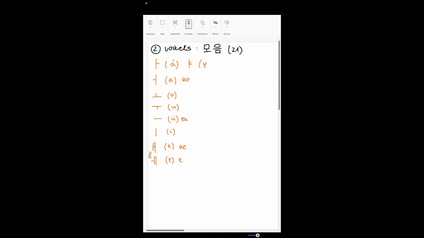And after these come ya, and ya. We give one more stroke to the previous letter, and then yo, and yu, and ye, and one more ye.